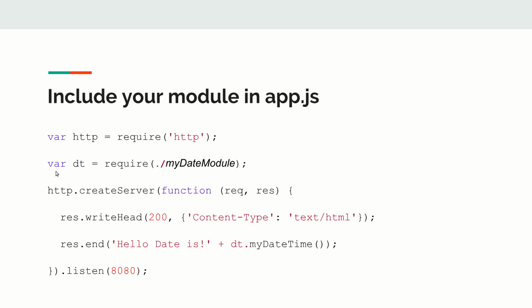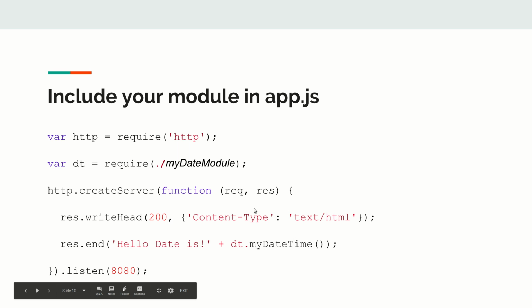We are importing that file as a module in your app.js script, and then we are printing it out next to hello, date is so and so. Then when you go to localhost colon 8080, you get this response for the request that you're making in this link. Clean and clear.